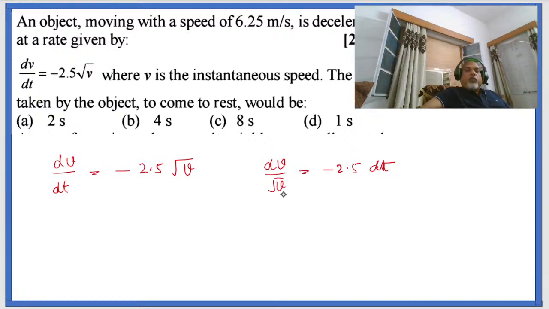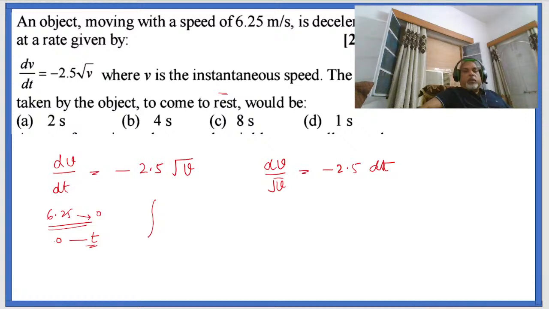Now if we integrate it, comes to rest means velocity is changing from 6.25 to 0 when t is changing from 0 to t. T we have to find out. At t, velocity will be 0.